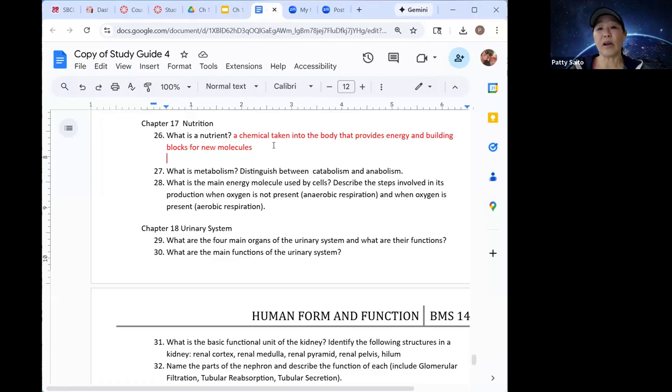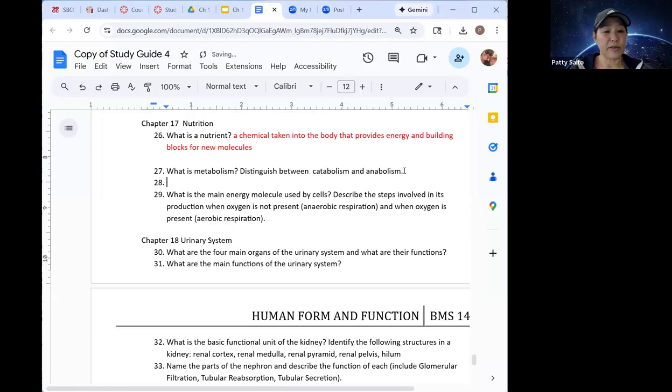Instead, we're going to focus on what happens to those nutrients. Why do we need those nutrients? And where do they go in our body? What happens to them? To do that, we have to define a few terms, such as metabolism.